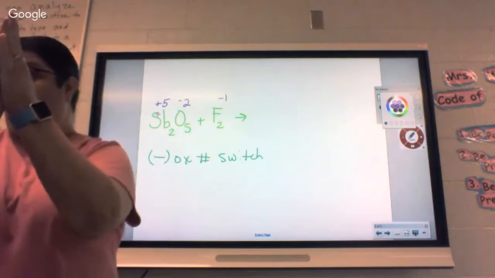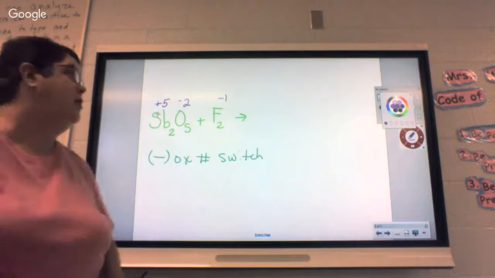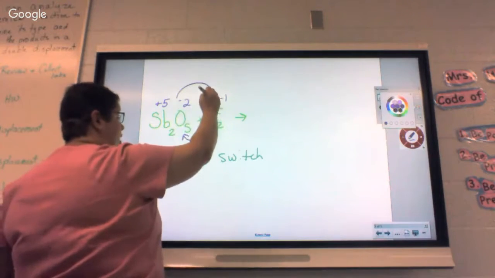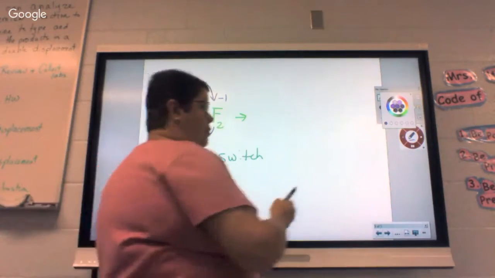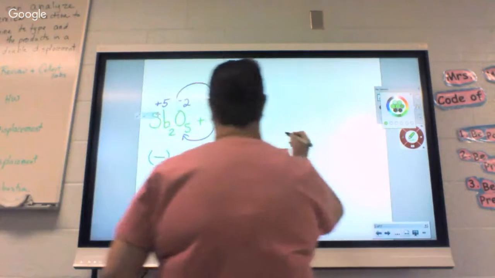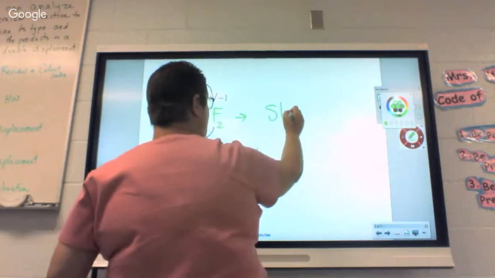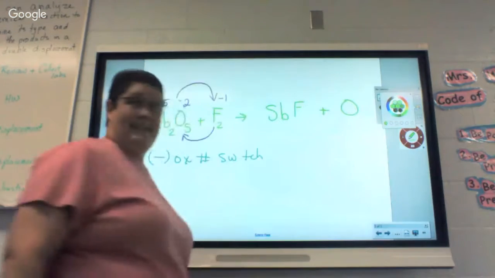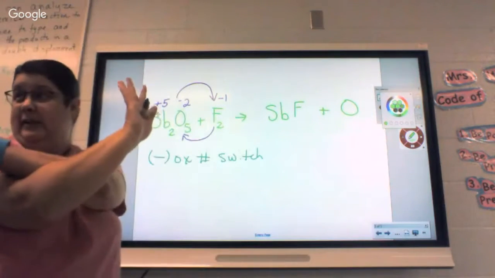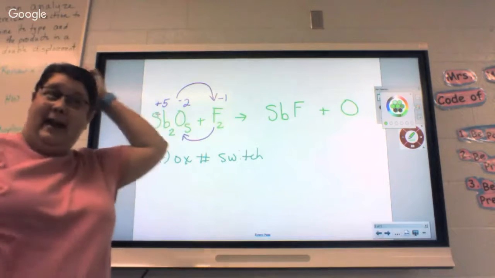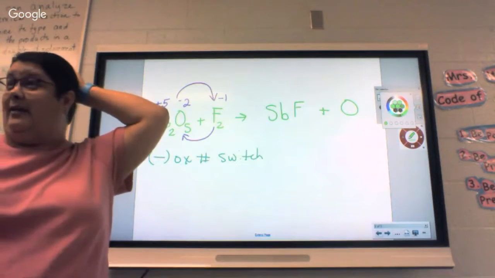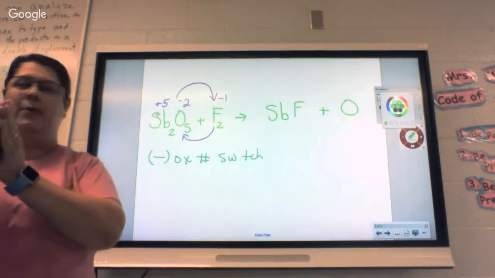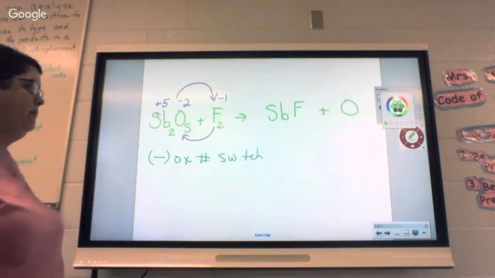You're not putting them together. The F is going here, and the O is going there. So Sb is going to have F, and O is taking its place. It happens all the time. People take the two that are switching and stick them together. It's a common mistake.